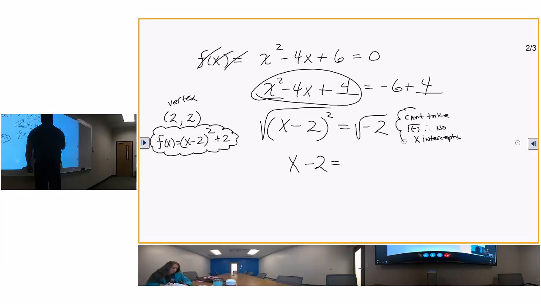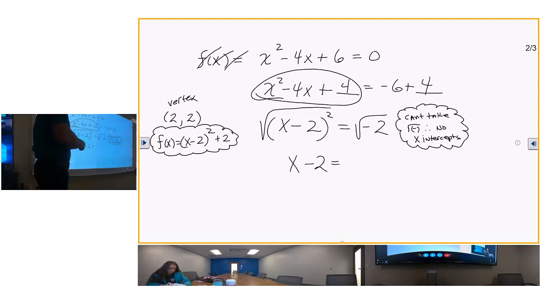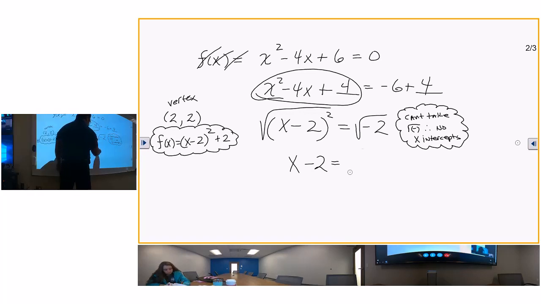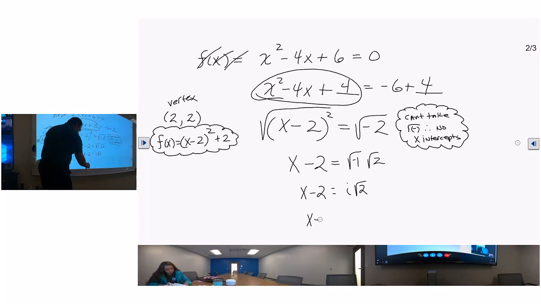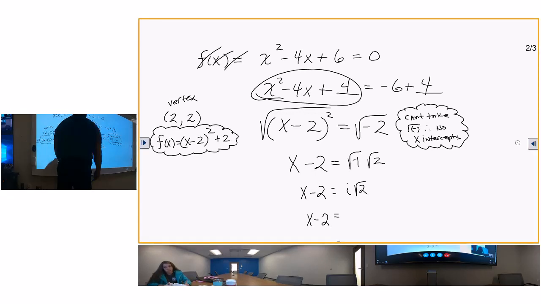But I'm going to ask you to write it in terms of i, because I'm trying to make you fail, okay? So I changed the square root of negative 2 into the square root of negative 1 times the square root of 2, and that's going to be x minus 2 is equal to i times the square root of 2, and x minus 2 is equal to, or, I'm sorry, I got to bring the 2 over.